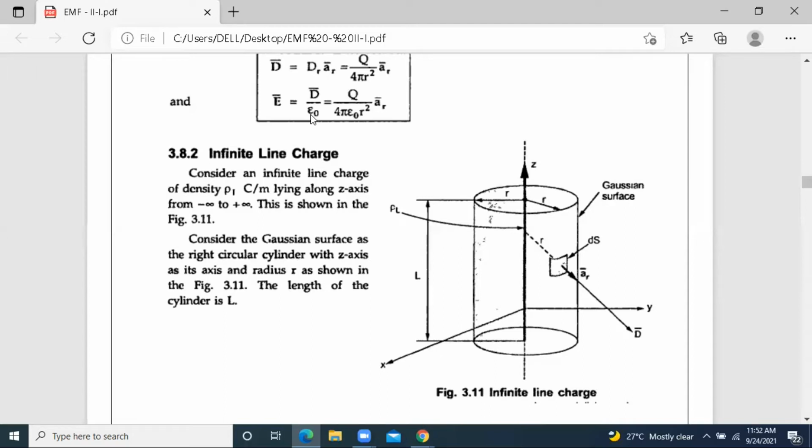Usually, the permittivity is represented as a multiple of the permittivity of free space.